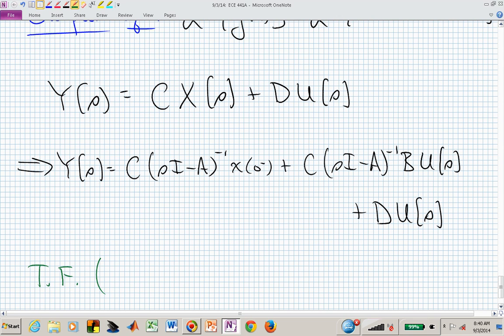If we're interested in the transfer function, what can we ignore or not worry about? Initial conditions.